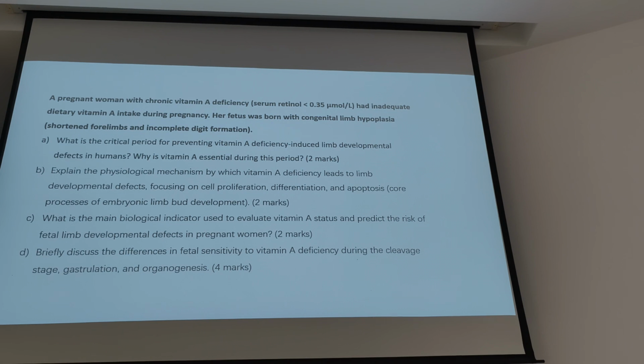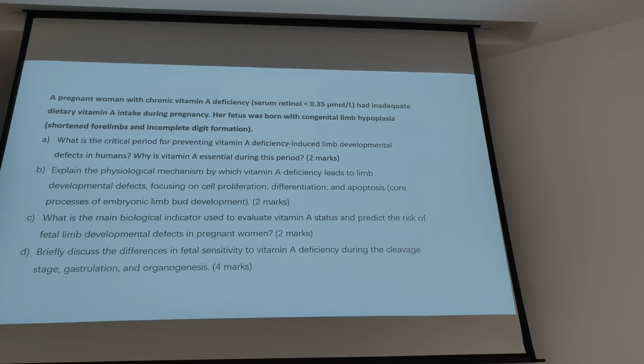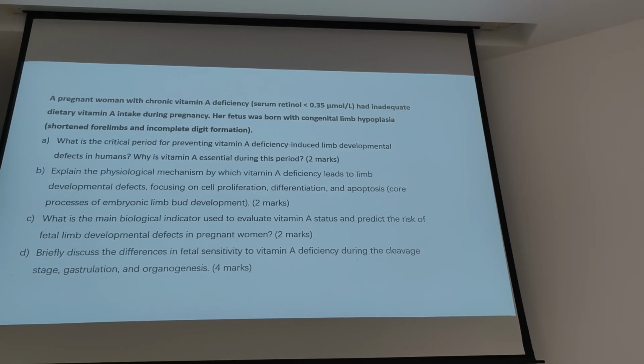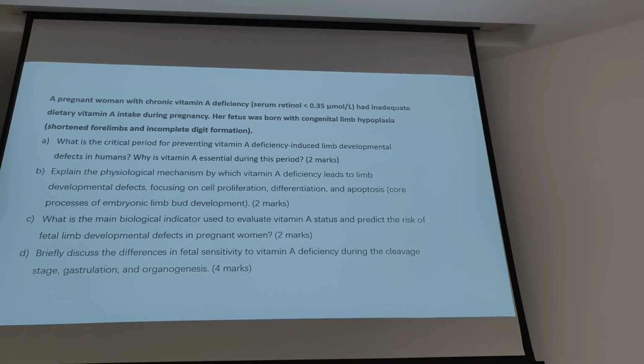So what is the critical period for preventing vitamin A deficiency-induced limb developmental defect in humans? You can take pictures of this, but the most important part is that you have to know what the right answer should be.